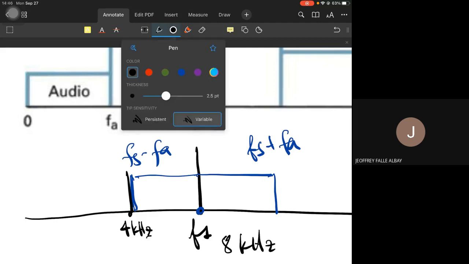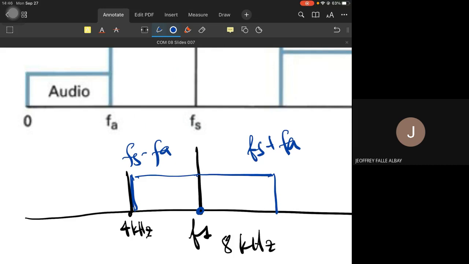So this leaves the bandwidth of our input signal from 0 to 4 kilohertz.